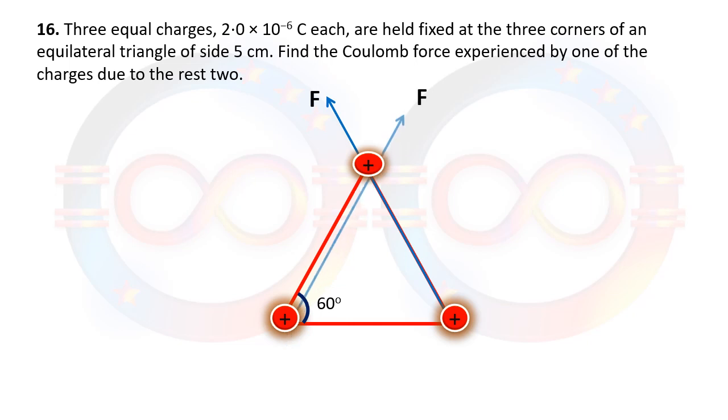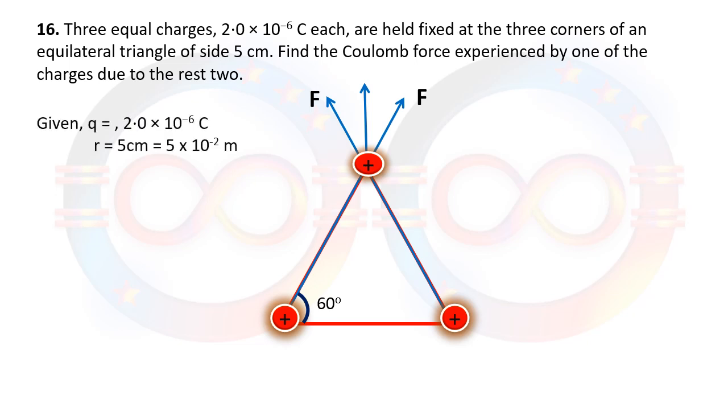Let us take this as F. Then force between another pair of charges will be the same F, along the line joining the charges, as you can see here. The net force will be given by the vector sum of these two individual forces.